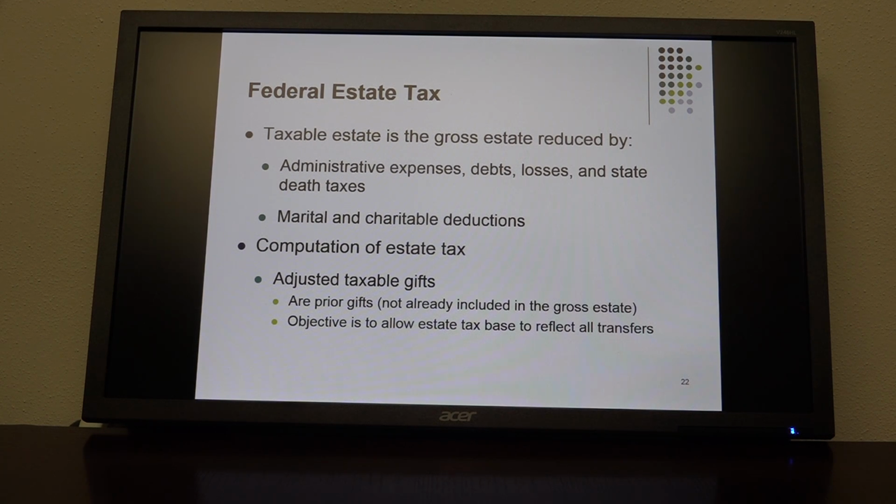So it would be prior gifts beyond those 3 years before death. The objective here is to allow the estate tax base to reflect all transfers, both lifetime and at death. That's why it's a unified transfer tax system.